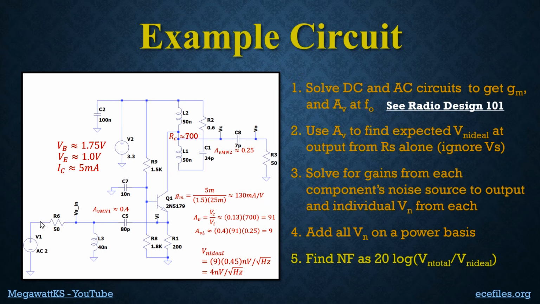So we'd have a little noise source here, which is 0.9 nanovolts per square root hertz, but then we're driving into a matched load. So standing here and looking to the right, we have 50 ohms, we have a voltage divider, so we have half of that. That's where the 0.45 nanovolts per square root hertz came from. Anyway, the bottom line is that the noise, in the ideal case, when nobody else is contributing noise, just the source, is somewhere around 4 nanovolts per square root hertz at the final output.